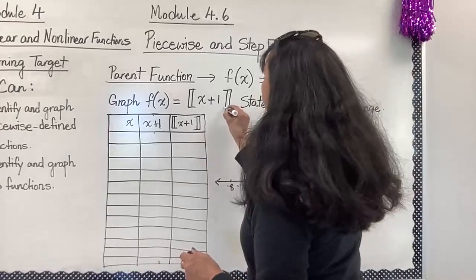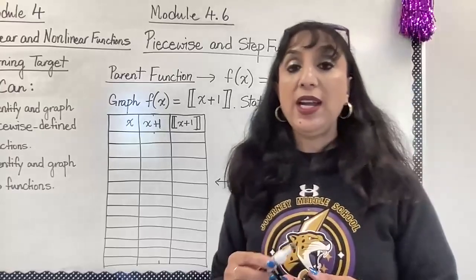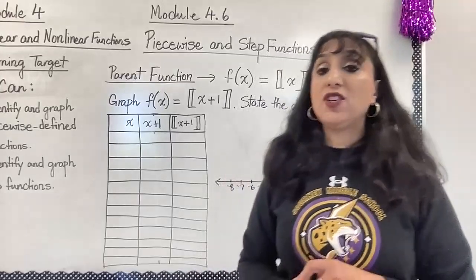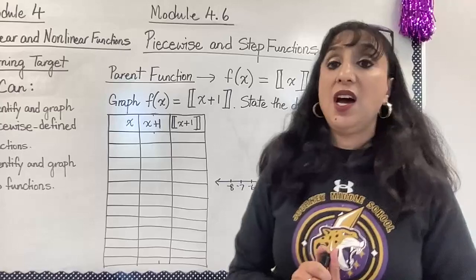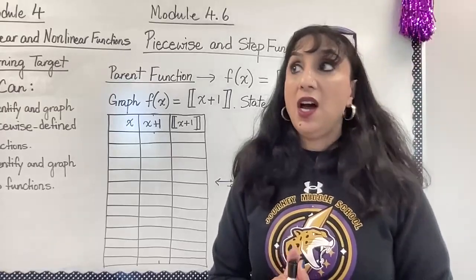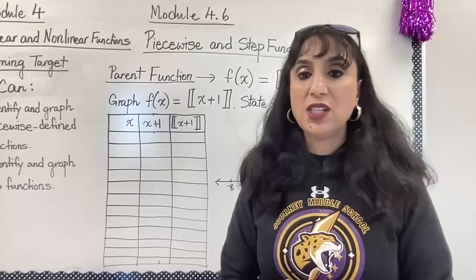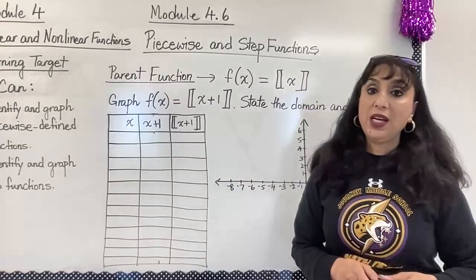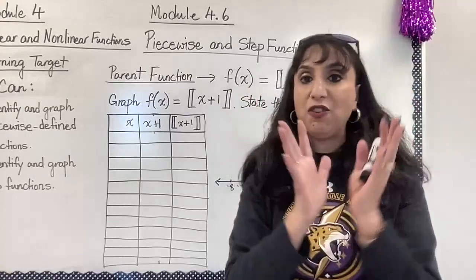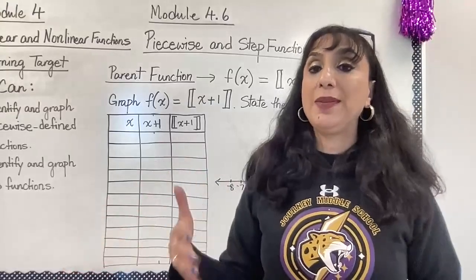As soon as I see the x plus 1, we've already done module 4.4, where we did all the transformations with translations and stretches, whether the graph is compressed or stretched, vertical or horizontal, and also reflections. Remember, I covered it in depth in module 4.4 if you want to pull up that concept again.